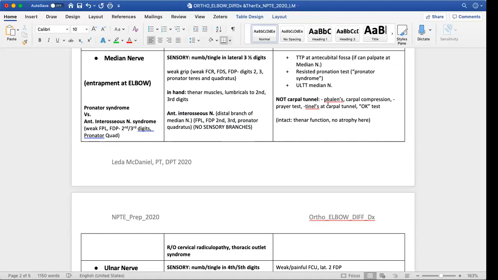So your Phalen test or wrist flexion test, your carpal compression, where you're placing compression forces on the median nerve at the wrist joint, your prayer test, which is a reverse Phalen, and your OK test, which is actually testing integrity of the flexor pollicis longus and FDP. So this OK test, I'm just going to put in parentheses, is a test more specifically for the anterior interosseous nerve.